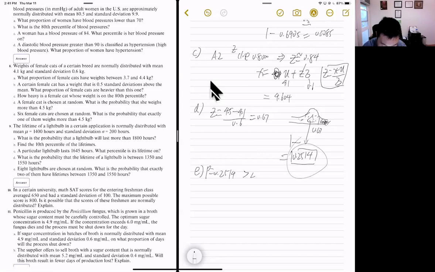In part E, we choose 6 cats at random, asking exactly one of them with more than 4.5.